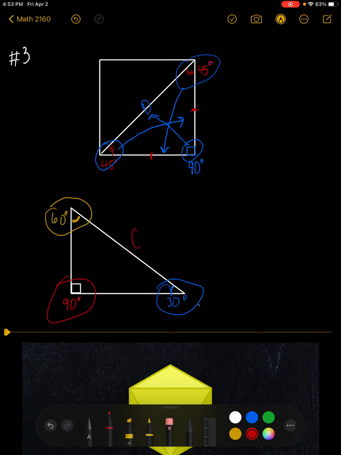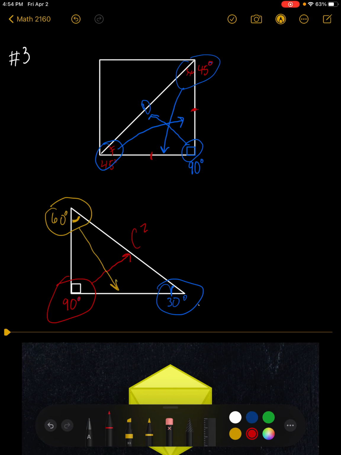As we're in this one, in the 30, 60, 90 triangle, we have the 90, which is usually c squared. It's always the biggest one, the hypotenuse. We got the 60, which is usually the second biggest.